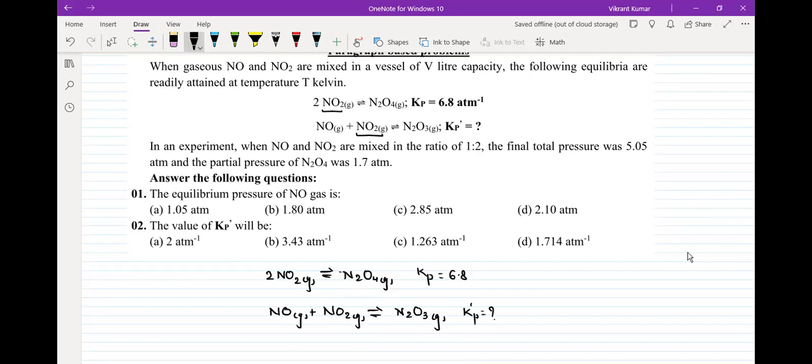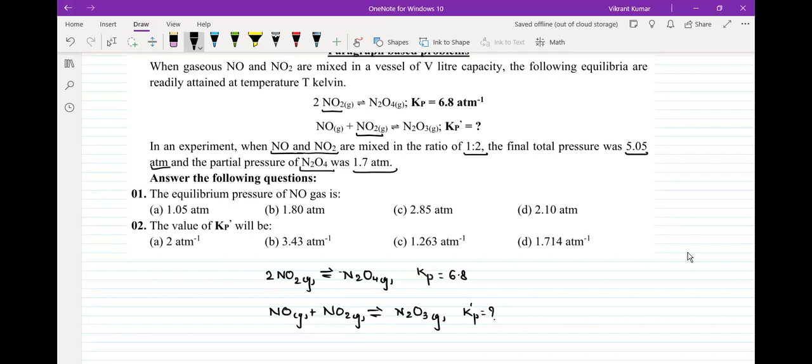But it says we have added NO and NO2 in 1:2 ratio. The final total pressure was 5.05 atm, and the partial pressure of N2O4 was 1.7 atm. When they say final pressure, that means they are talking about pressure at equilibrium. Okay? Is it okay? Now, what other data are given? Volume is constant and nothing else.